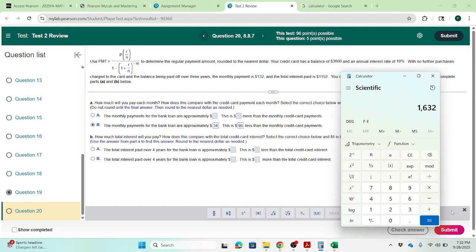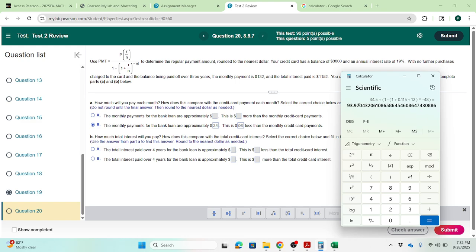The initial balance is 3600 times the rate, 11.5% monthly, divided by 12, divide, parenthesis, I need to use the parenthesis, I didn't use the parenthesis, 1 minus another parenthesis 1 plus 0.115 divided by 12 to the power negative 48, because 12 times 4 is 48, parenthesis close, hit enter.